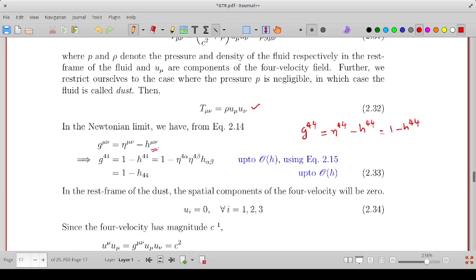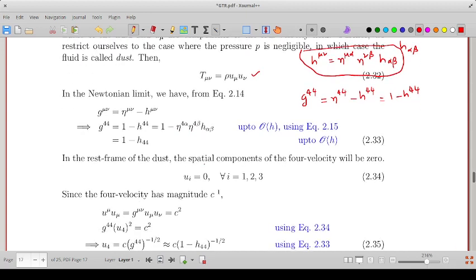Now this object h^μν is related to h_αβ using the following equation: η^μα η^νβ h_αβ. So h^44 would be η^4α η^4β h_αβ.